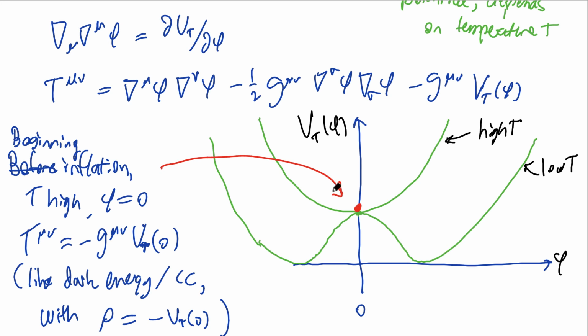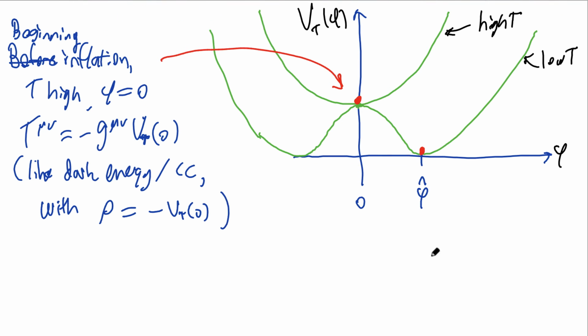But after inflation, the temperature drops, so the potential energy curve looks like this, and the solution then shifts to here. Let's call this value of phi, I don't know, let's call this phi hat. So this is the solution after inflation.